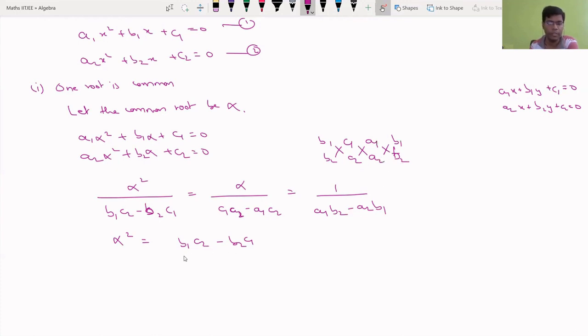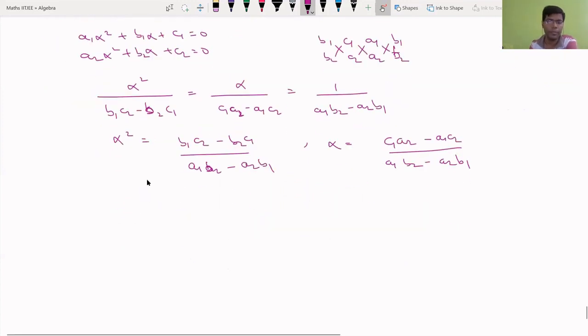Okay, so this will be b1 c2 minus b2 c1 by a1 b2 minus a2 b1, and alpha is equal to c1 a2 minus a1 c2 by a1 b2 minus a2 b1.